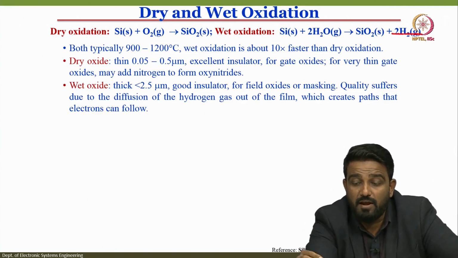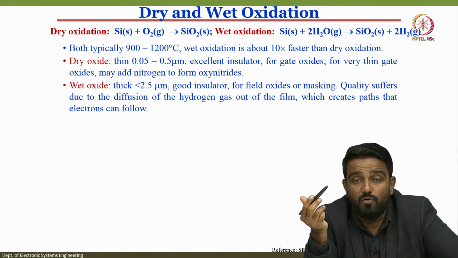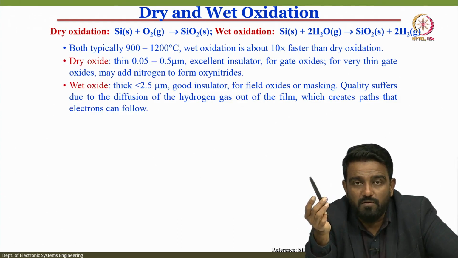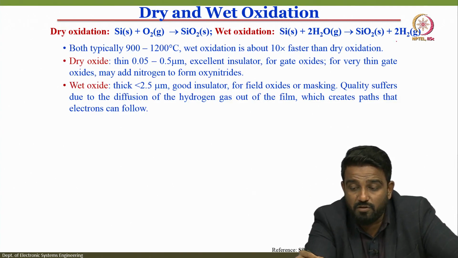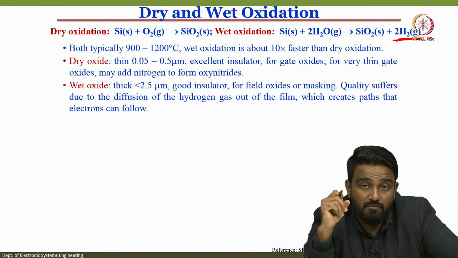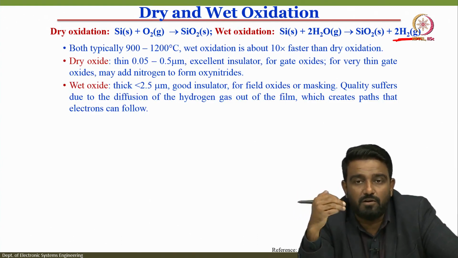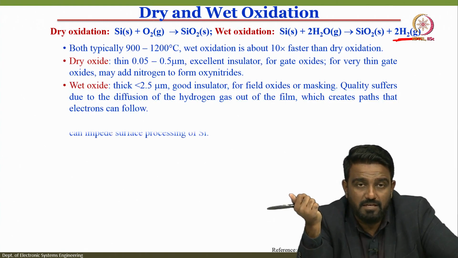You can see here that hydrogen gas will come out. Because of the diffusion, when the hydrogen comes out of the silicon dioxide, it forms hollow regions or paths through which the electrons can flow, and that is a difficulty.